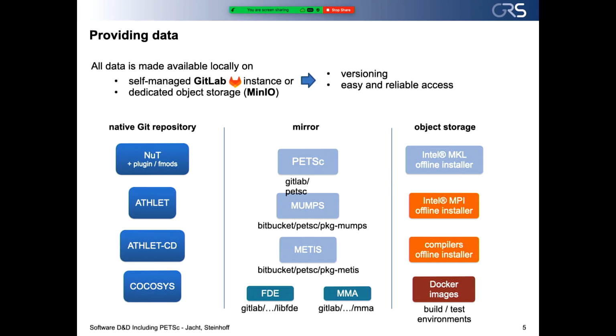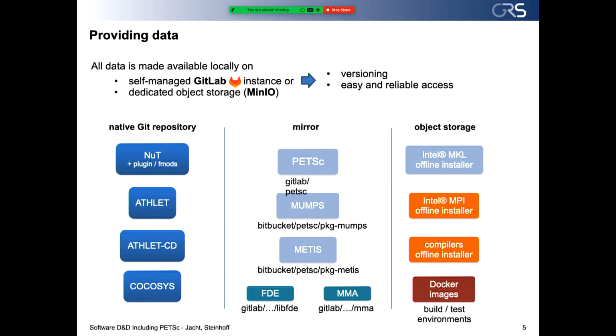Then we have mirrors for all the PETSc related things. As you can see, we still use the mirrors of MUMPS and METIS from the Bitbucket place. If you change anything, please announce it in a good way. And the FDE and MMA, these auxiliary programs I just told you about, are available as mirrors as well.